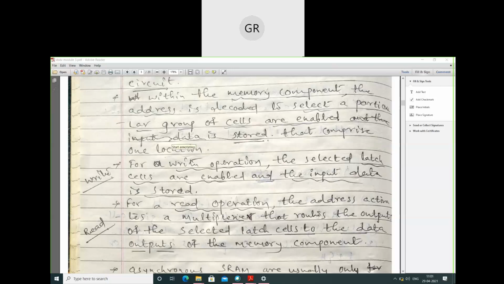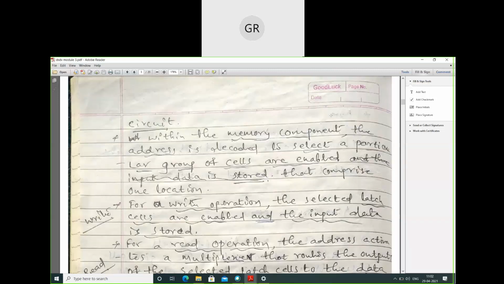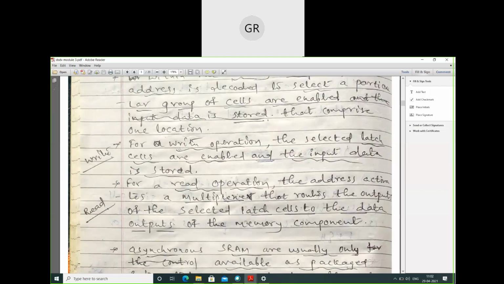It means here this one consists of cells. The asynchronous SRAM internally uses 1-bit storage cells that are similar to the D latch circuit. Within the memory component, the address is decoded to select a particular group of cells that comprise one location.